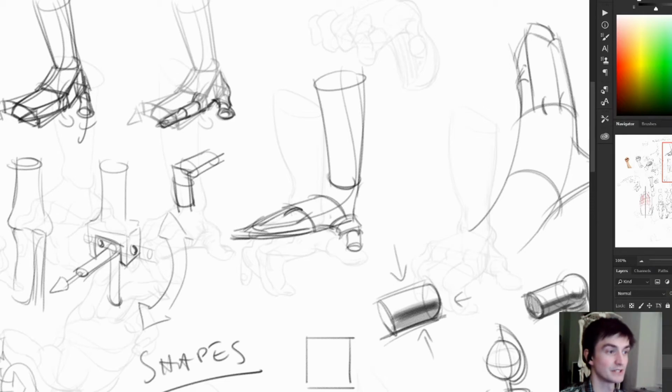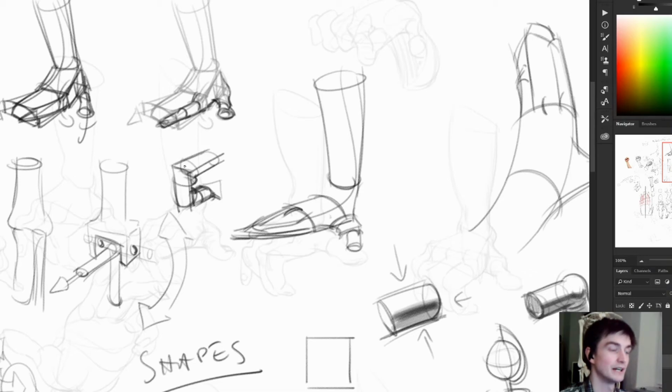And then I can have this go back in this direction, and have maybe the finger still represented by a cylinder. And then it pinches in here, and pinches in there.